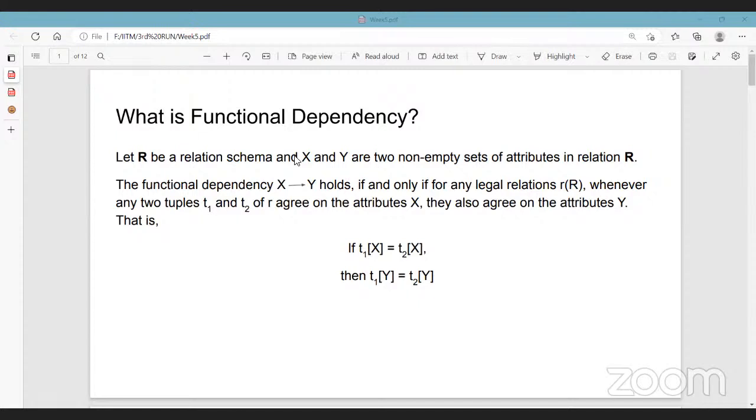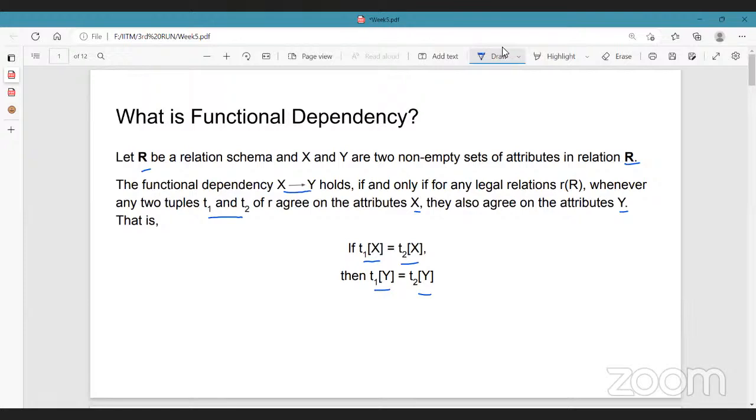By definition, let R be a relational schema and X and Y be two non-empty sets of attributes in relation R. The functional dependency X determines Y holds if and only if for any legal relation R, whenever any two tuples T1 and T2 of R agree on the attributes X, then they also agree on the attributes Y. That is, if T1 of X is equal to T2 of X, then T1 of Y will be equal to T2 of Y. So that is the definition of functional dependency.